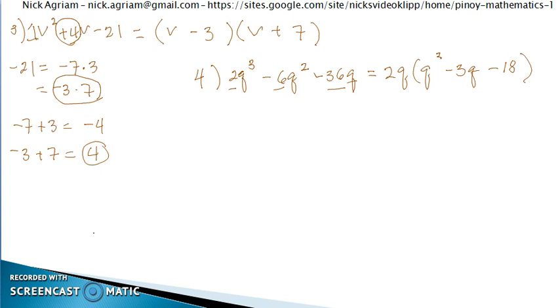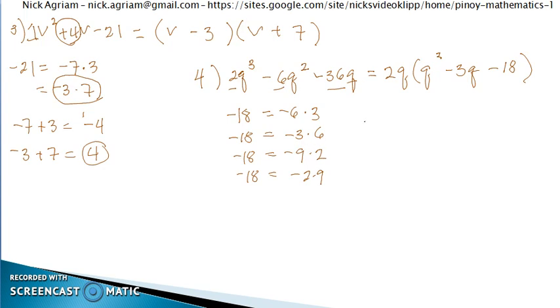So negative 18, as we can see here, can be negative 6 and 3, and negative 18 can also be negative 3 and 6. It can also be negative 9 and 2, or negative 2 and 9.